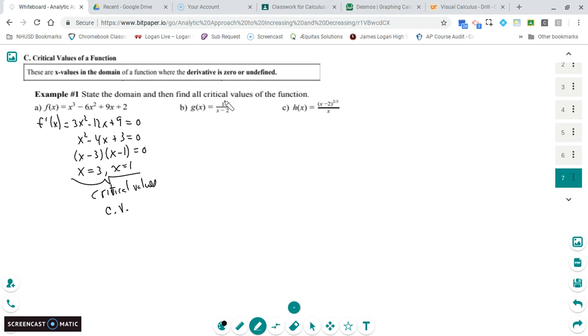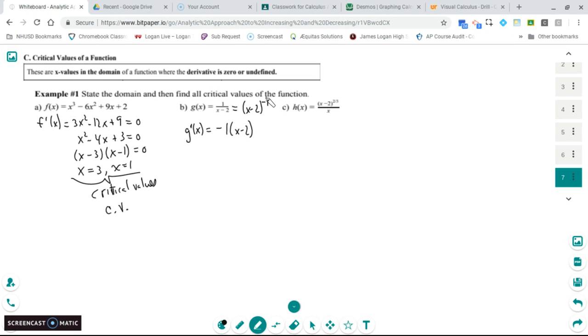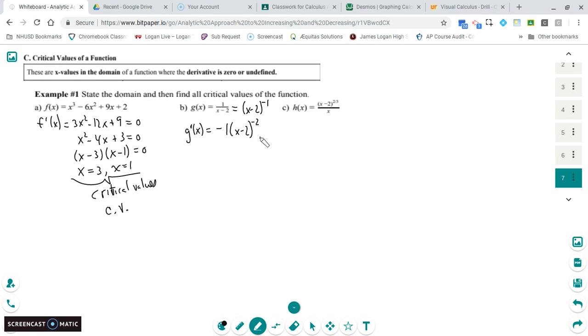Okay. All right, how about for this function here? I'm going to rewrite that as a power. So that's x minus 2 to the minus 1, and now take a derivative using the power chain rule. So -1 times my base, which is x minus 2, and then subtract 1 from the exponent, which is going to give me -2.